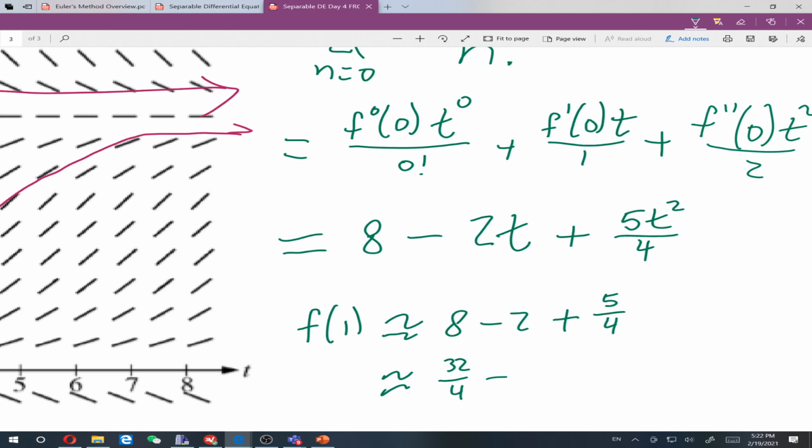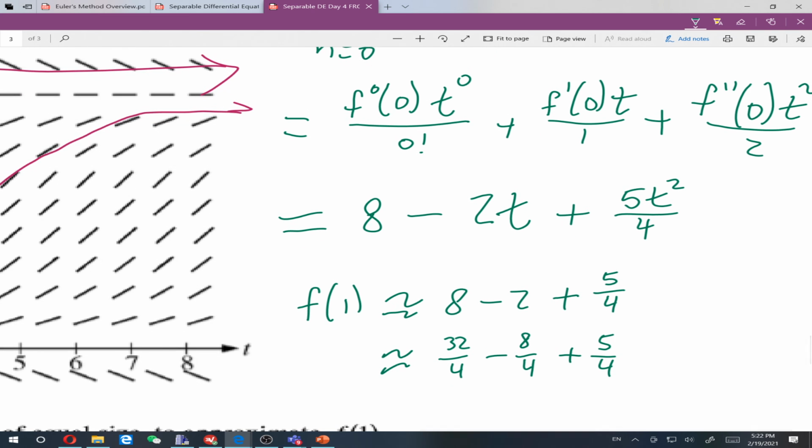Okay, 32/4 minus 8 over 4 plus 5/4. So f at 1 is roughly how much? 29 over 4.